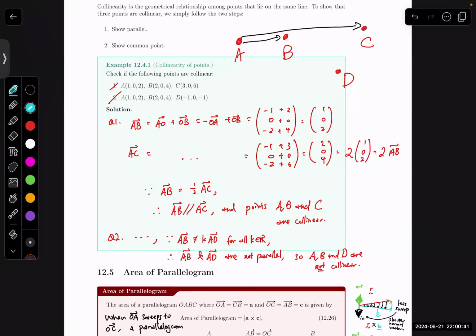But if you compare vector AB and vector AD like this, they are not parallel, right? Because vector AB and vector AD are not parallel, they cannot lie on the same line. And because vector AB and vector AC are parallel, points A, B, and C lie on the same line.